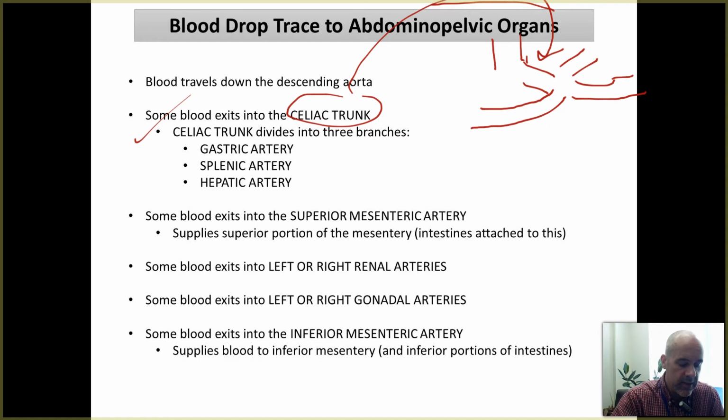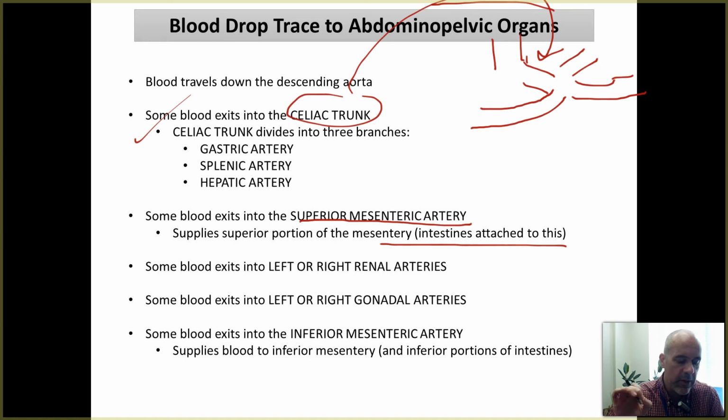The next major exit is the superior mesenteric artery. The mesentery consists of sheets of tissue, like multiple layers of the serous membranes that line the abdominopelvic cavity, and it has some fat in there as well. The mesentery contains arteries and veins that deliver blood and carry deoxygenated blood away from the intestinal tract.